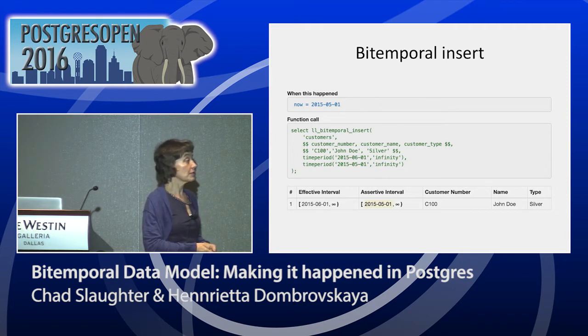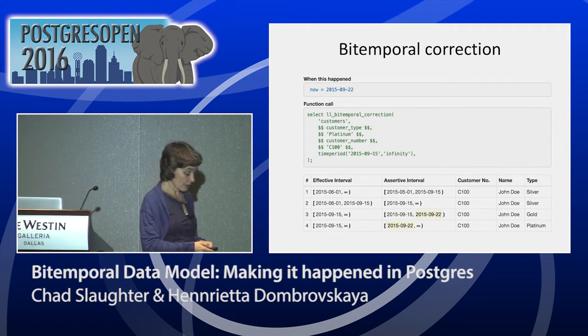As with normal inserts, we pass the effective date and asserted date. For bitemporal correction, it is the same thing. We pass the table name, which field or set of fields is changing, how it is changed, then the business key value, and the time period.